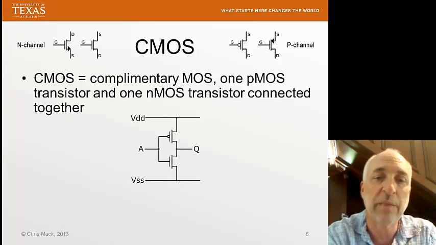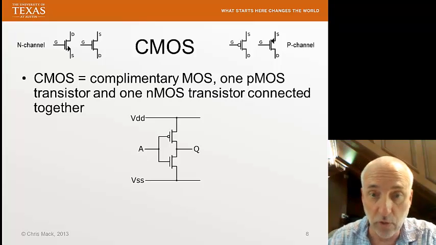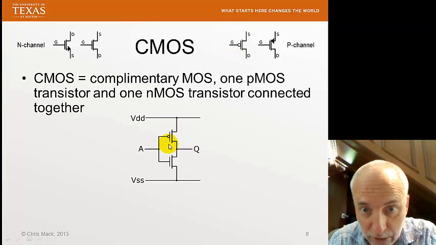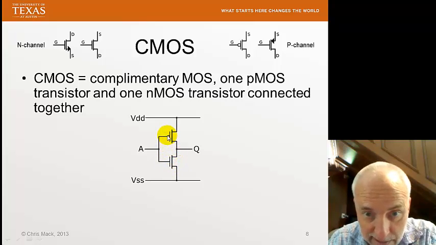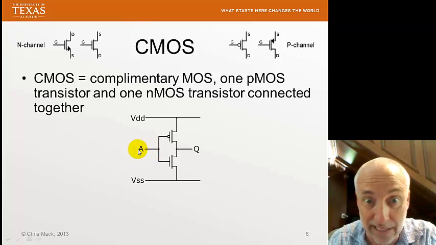Here's maybe the simplest configuration we can do. So remember my symbols up here. This circle tells me that this is a P-channel device. So I've got a P-channel device right here. And then here I've got an N-channel device. This is the gate, and they're connected together. I'll label the input A. So I'm going to think of this as an input signal coming into the gate.